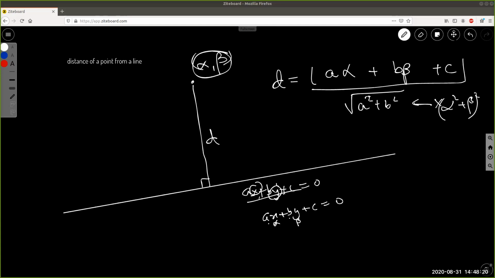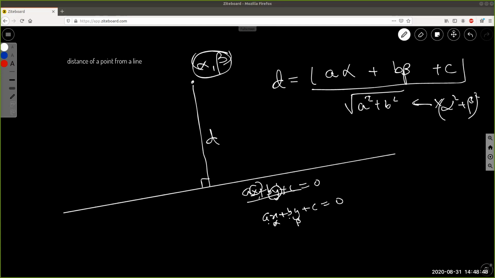So the 10th one: find the perpendicular distance of the straight line 12x minus 5y plus 9 from the point 2 comma 1. So in this A would be 12, B would be minus 5, and C would be 9. And then we'll take alpha as 2 and beta as 1.